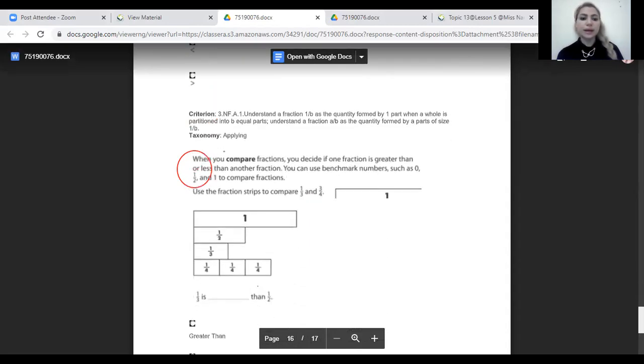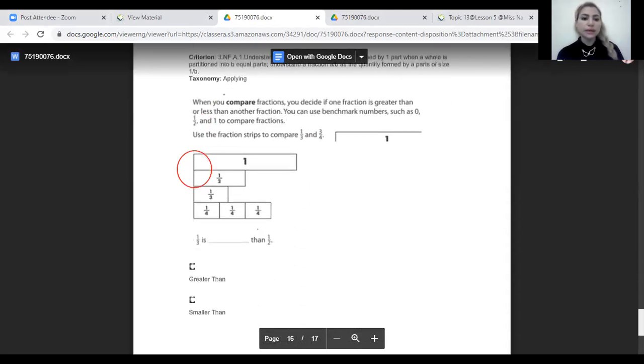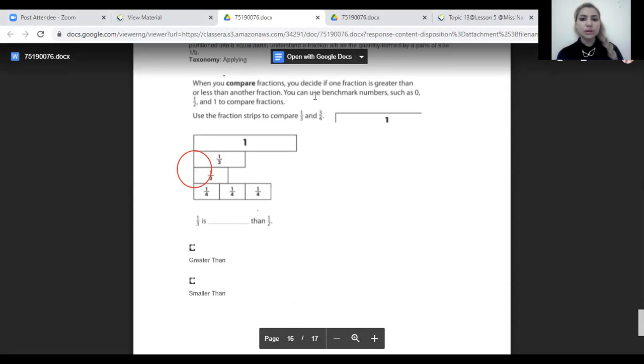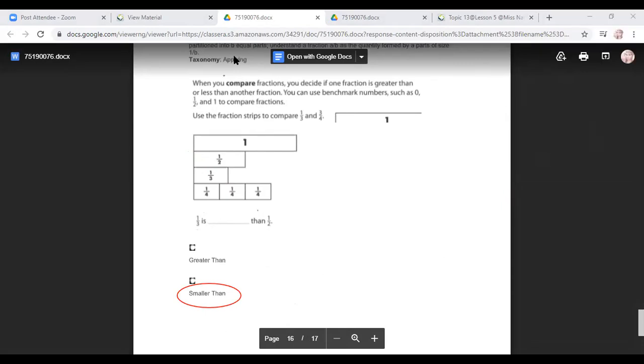Okay, now here he is asking me to compare the third and half, and we said that the third is smaller than half.